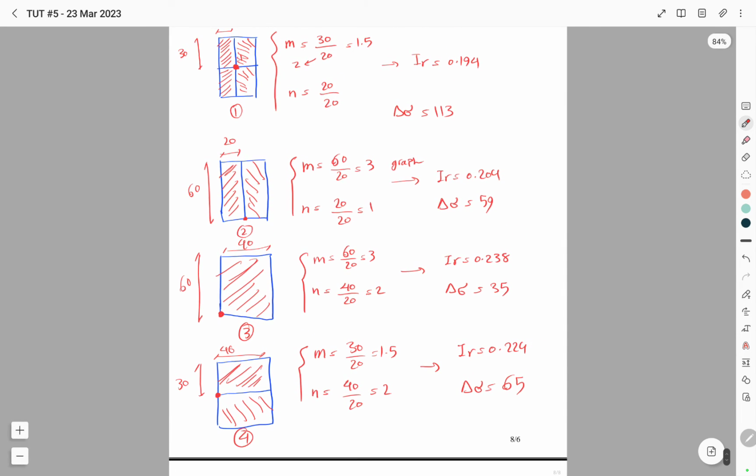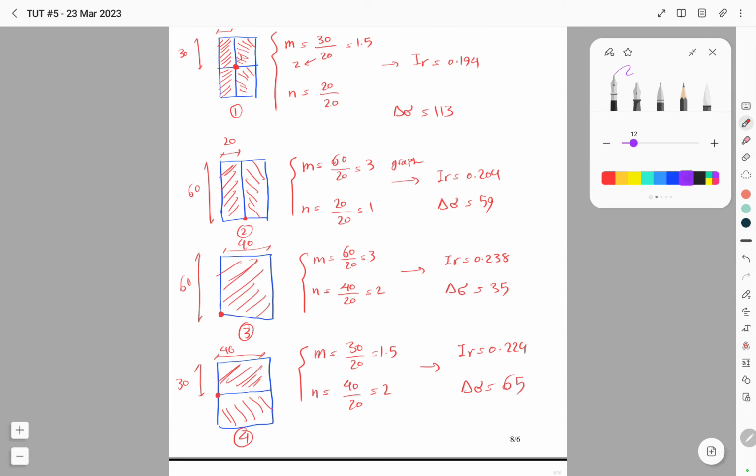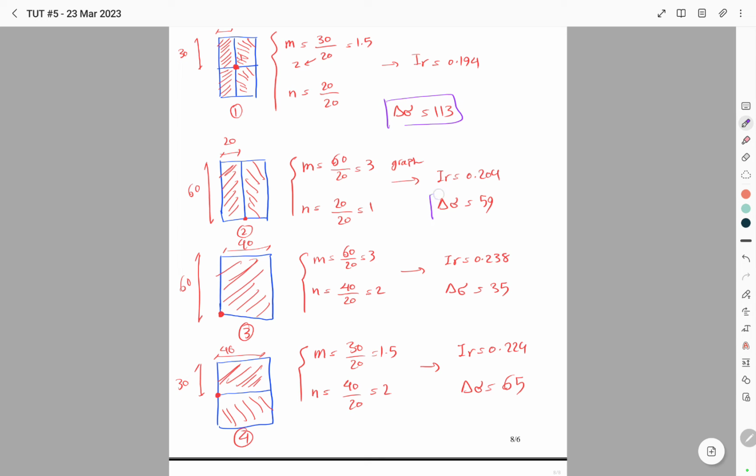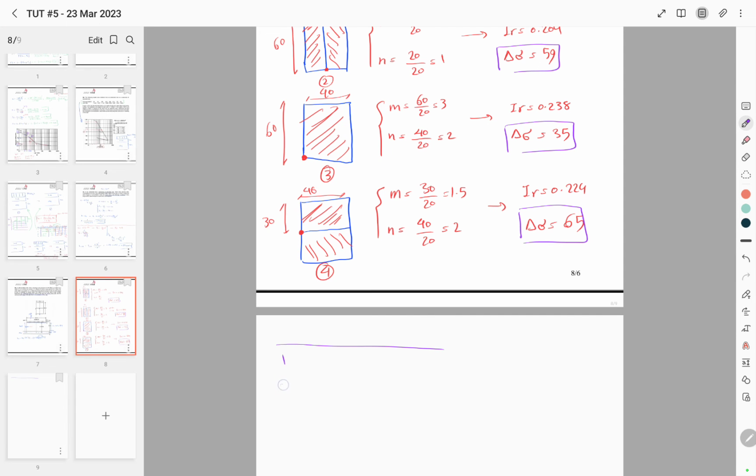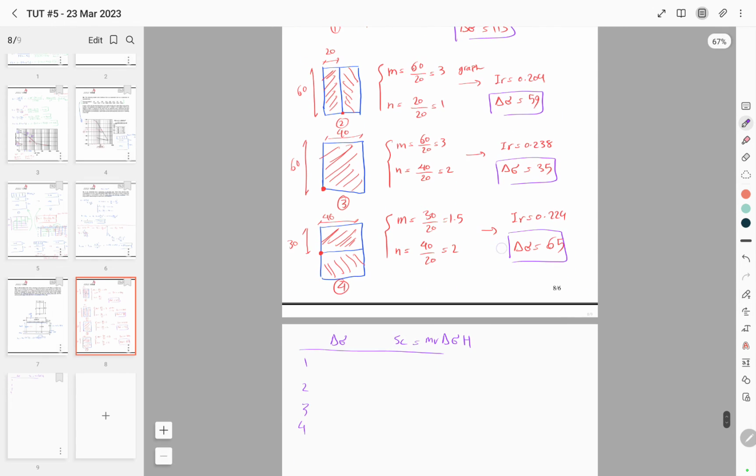So for each point, we have the value of delta sigma, points 1, 2, 3, 4. This is delta sigma, and this is SC, which is equal to MV times delta sigma times H. So for point 1, we had 113, 59, this is 35, this is 65.